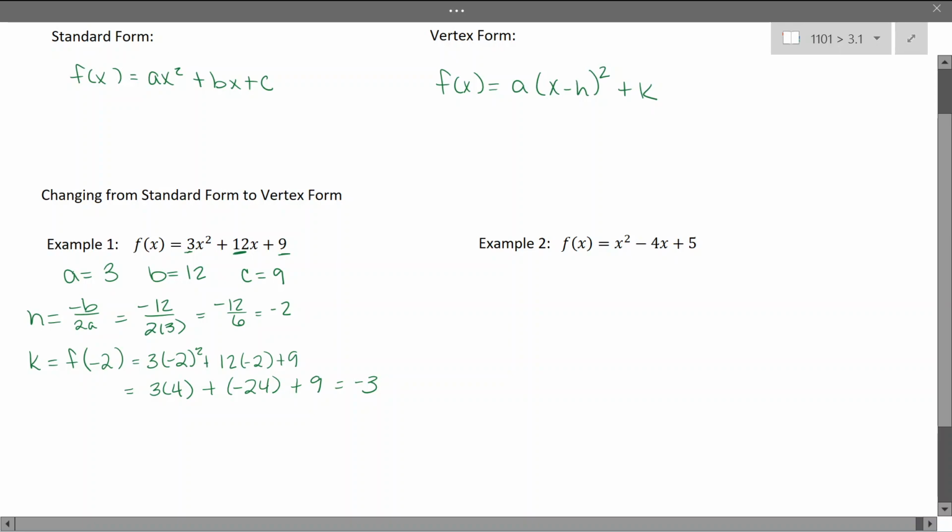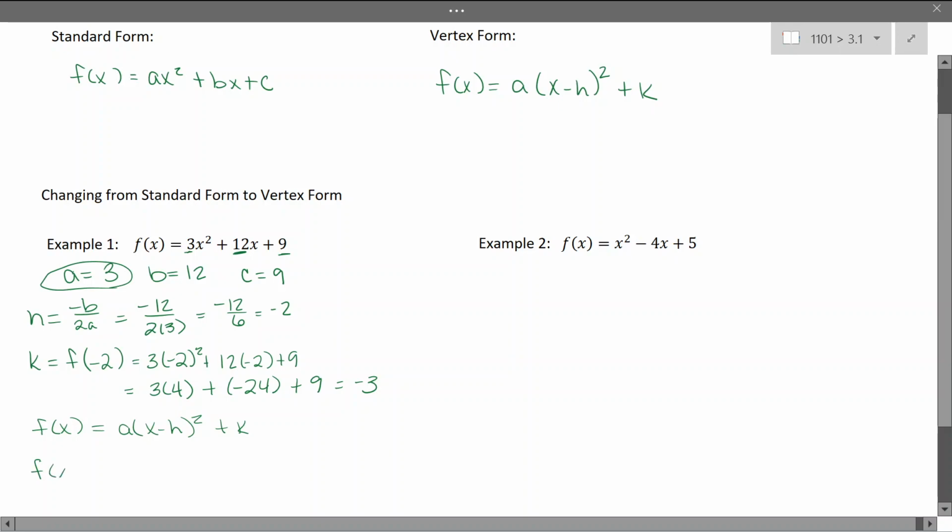So now that we have our h and our k, we can put our equation in vertex form, which again is f of x equals a quantity x minus h squared plus k. Our a is going to be the same a we had before.